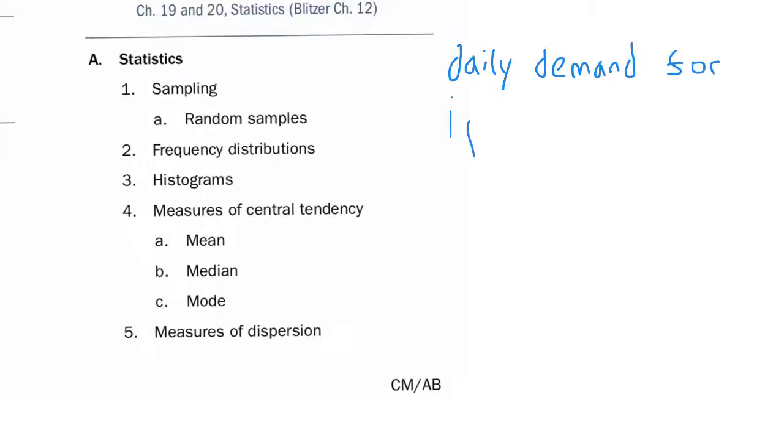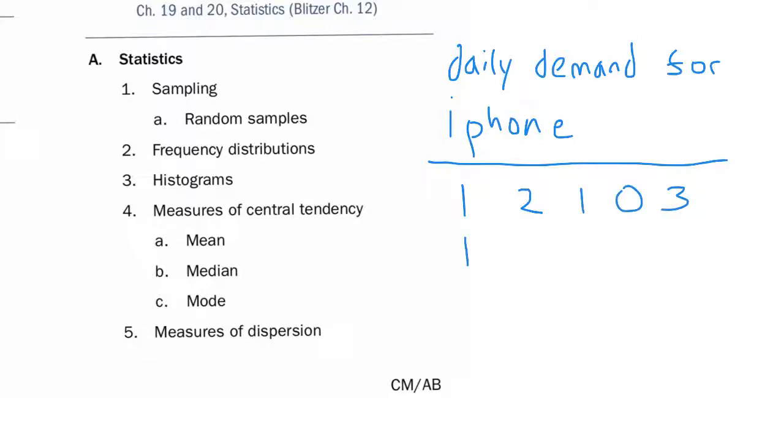We'll make that an iPhone. And the daily demand is such that, let's say you run a store and you're selling iPhones, on day 1 there's a demand for 1 iPhone. For day 2, there's a demand for 2 iPhones, day 3, and so on. And this lists all the demands on each day.